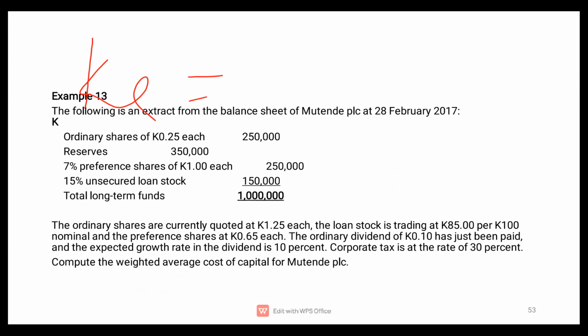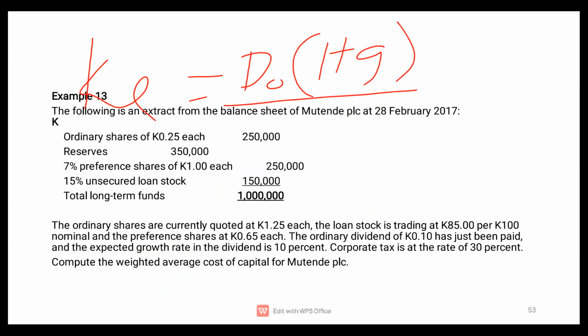It is given as D0 times 1 plus the growth rate, divided by P0, which is the value of that share, the quoted price, plus the growth rate.